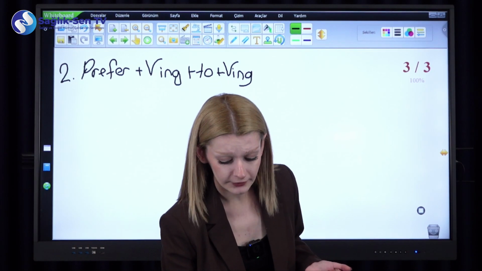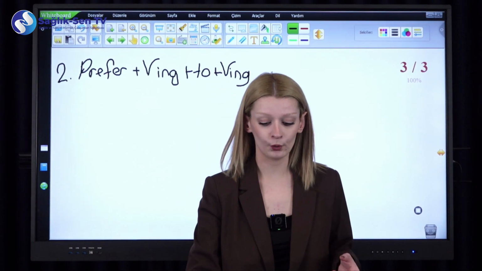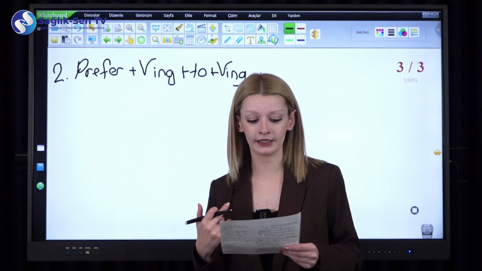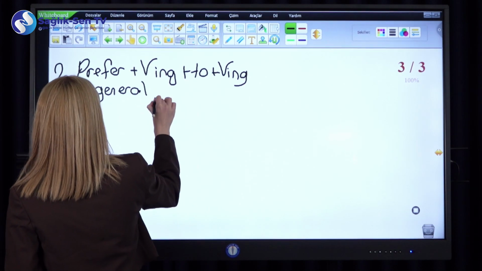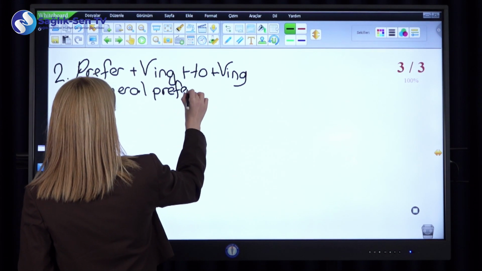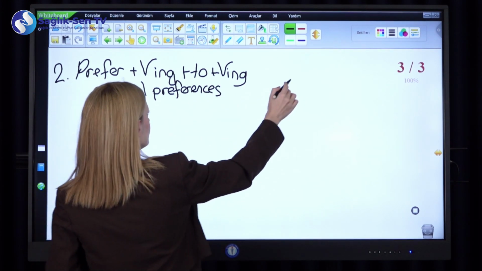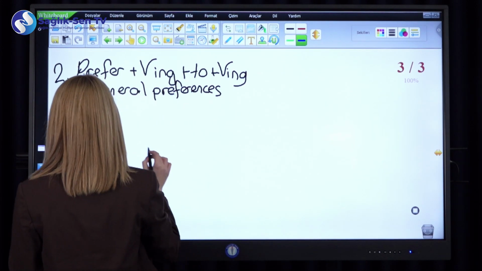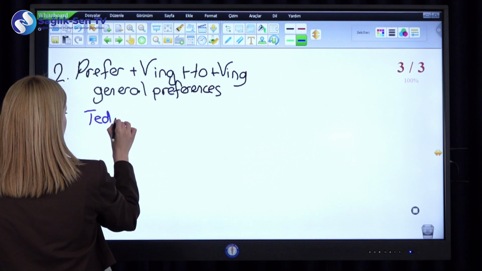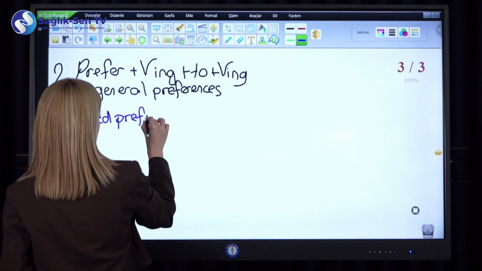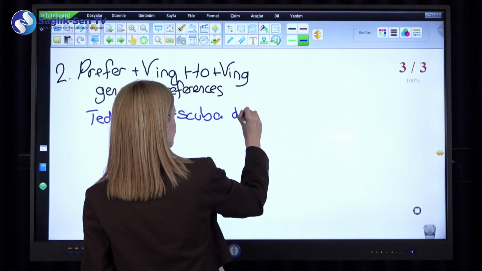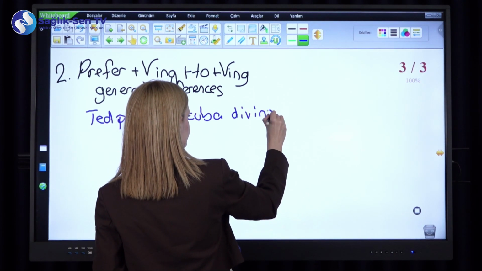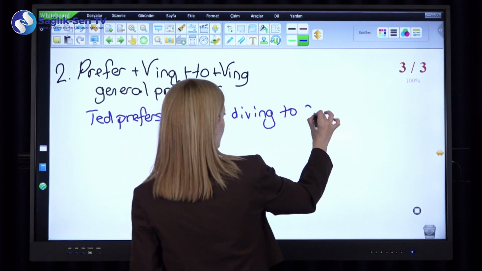And in this usage, we are expressing general preferences. Let's give an example. Ted prefers scuba diving to swimming.